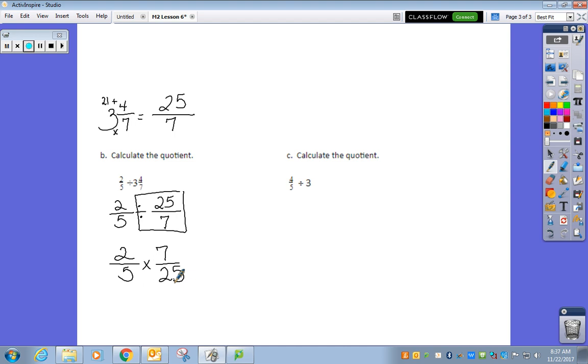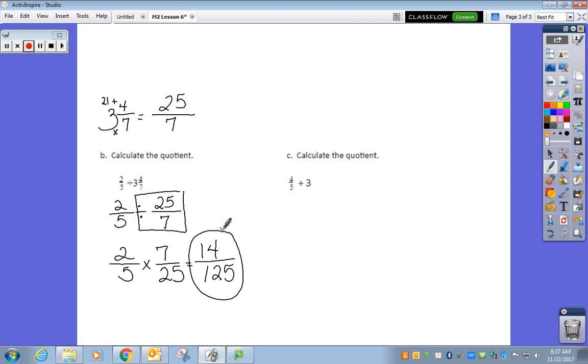Looking for cross-simplifying, 2 and 25 do not have a common factor, nor do 5 and 7, so I'll just multiply across. 2 times 7 is 14, and 5 times 25 is 125. So my answer would be 14/125. That is in simplest form.